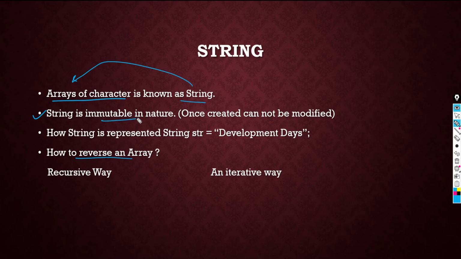If you try to modify that value to development days, it will not be modified in that particular object, because that object is strictly holding that value. If you force it to replace the value, then it can be modified, but development will be lost. This is the concept related to immutability.